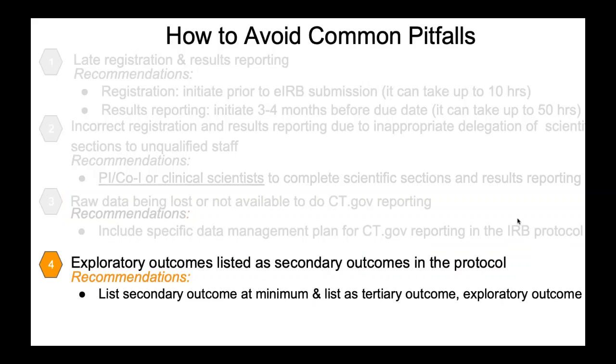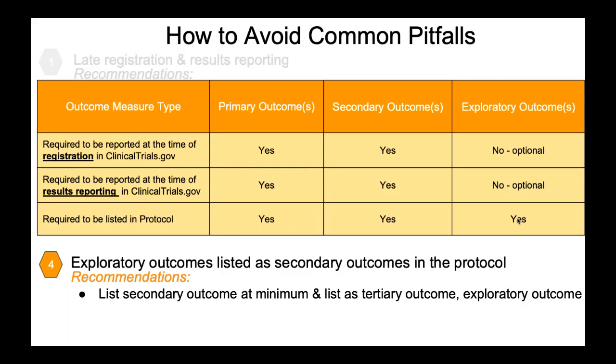And the fourth problem is investigators list exploratory outcomes as secondary outcomes in the IRB protocol. As you can see in this table, the primary outcome and secondary outcomes are required to be reported in CT.gov, while exploratory outcomes or tertiary outcomes are not.